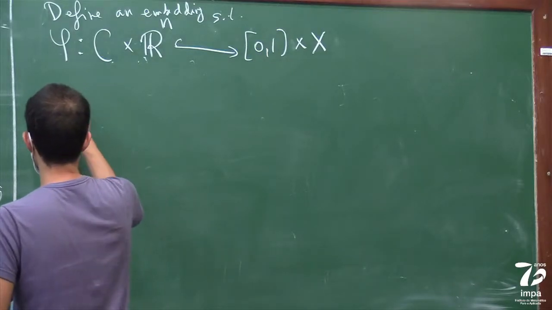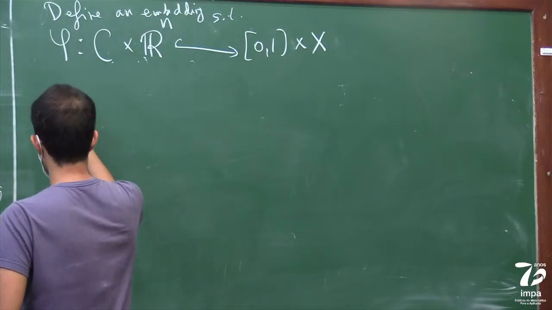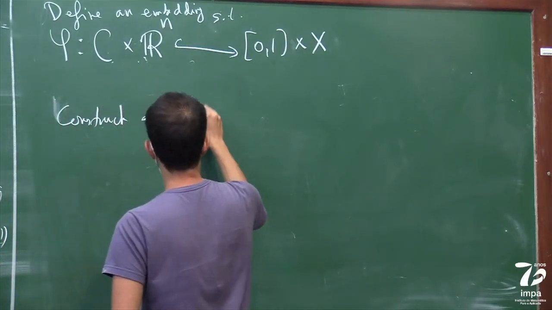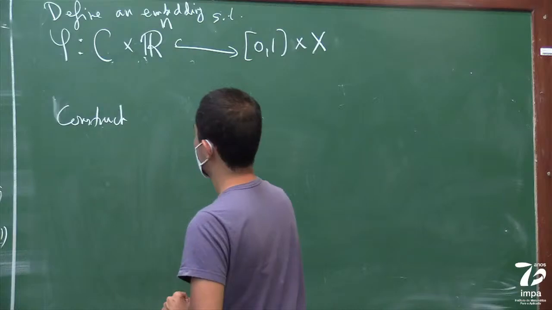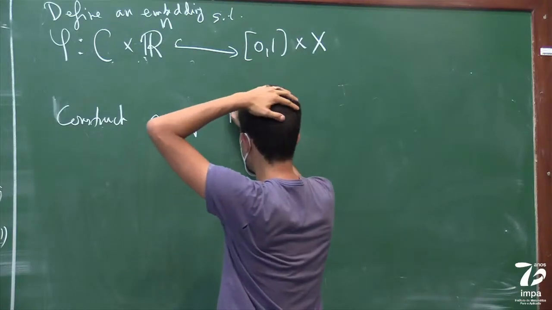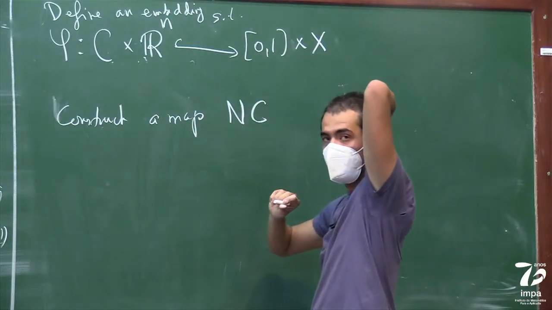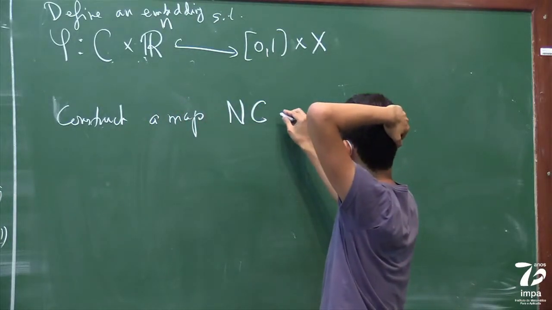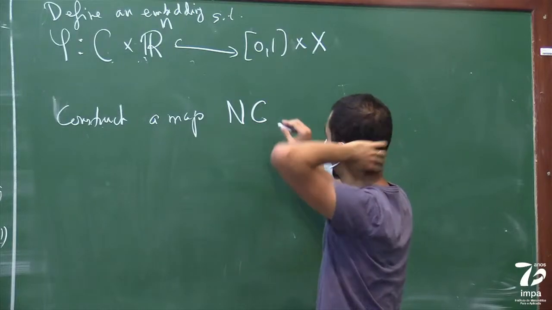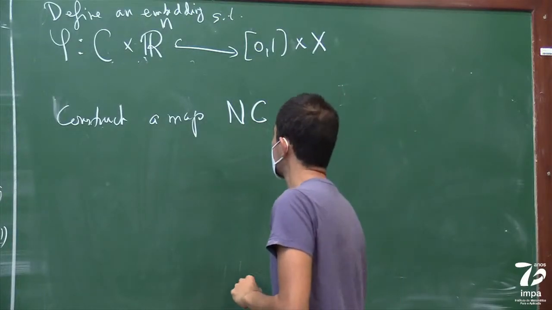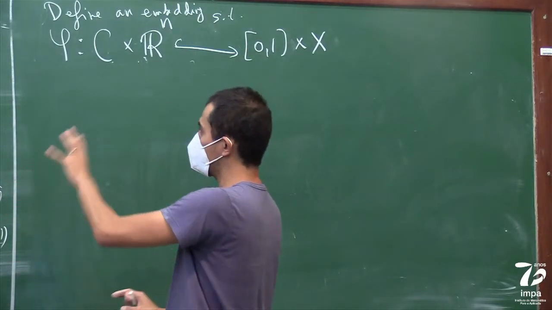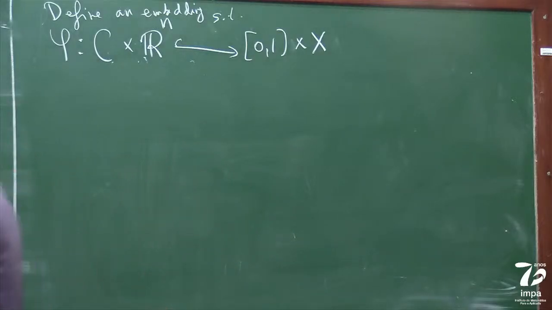So you construct a path or a map that goes from the normal bundle of C. Well, let me not write this. Let's just think about the embedding the way I said. You kind of construct.